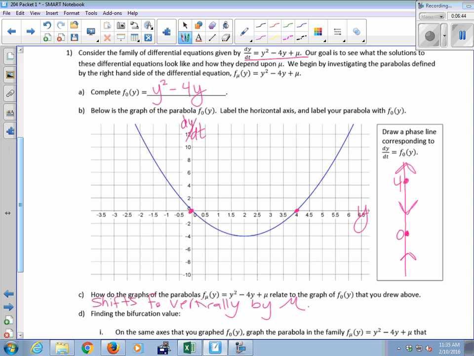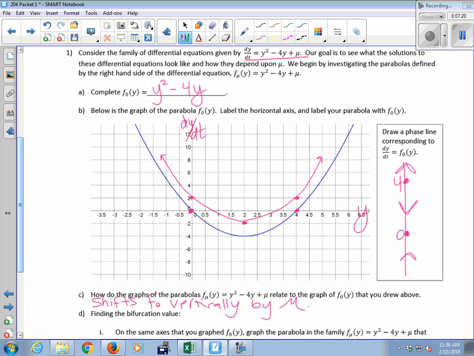It would shift everything up 1, so f sub 1 would look kind of like that. Nothing insane, not really any different. It still has 2 equilibrium points, and it's still going to go positive, negative, positive. So the phase line is going to look almost identical. It's just that the equilibrium points are not going to be at 0 and at 4. They'll be at like, I don't know, point something and 3 point something.